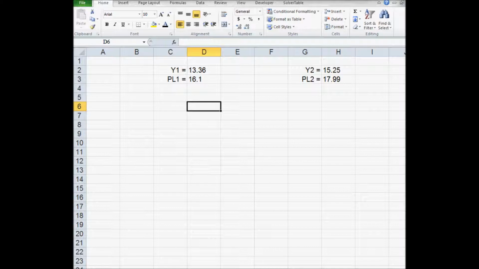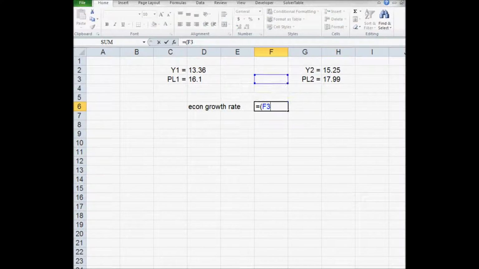To calculate the economic growth rate, you take what GDP is, 15.25, subtract off what it was, and then divide by what it was, and then you multiply this by 100 to convert it to a percent. So the economic growth rate is 14.14671%.